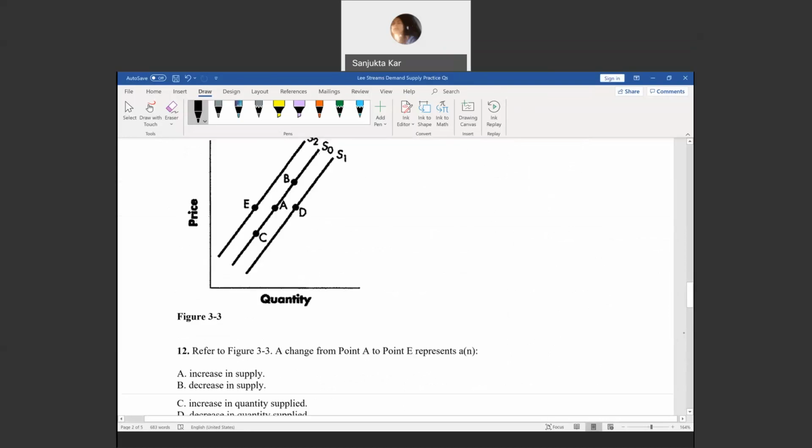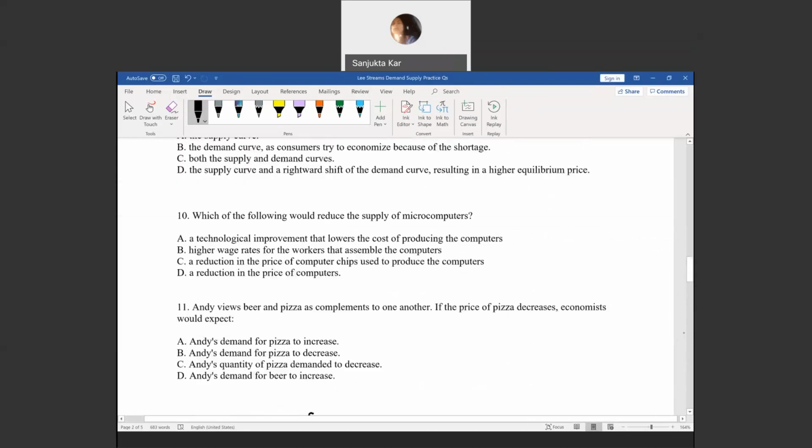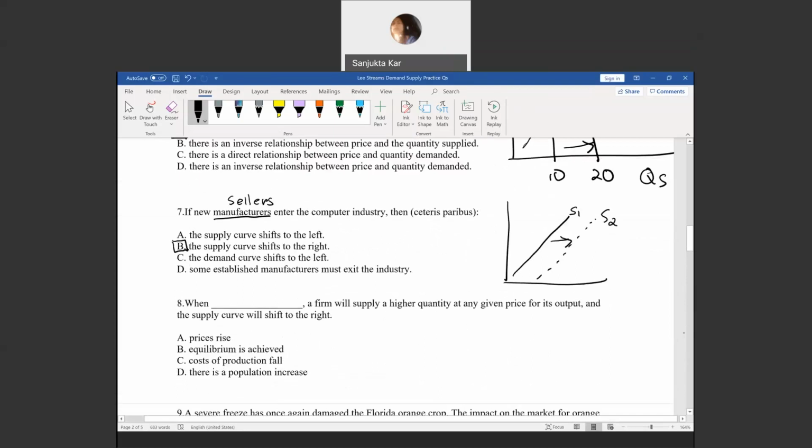Now we are going to be looking at question number 8. When something happens, a farm will supply a higher quantity at any given price, and the supply curve will shift to the right. Not this one, neither that one, not this one. Population is related to the demand curve.